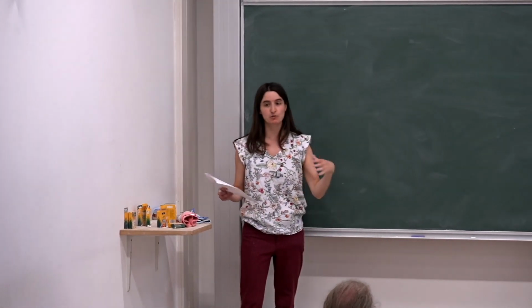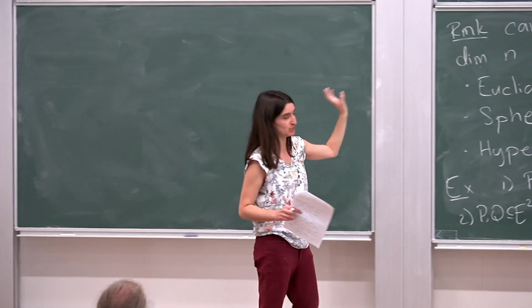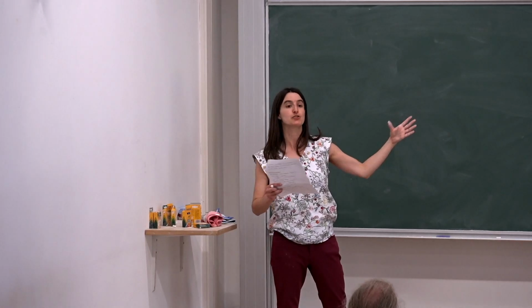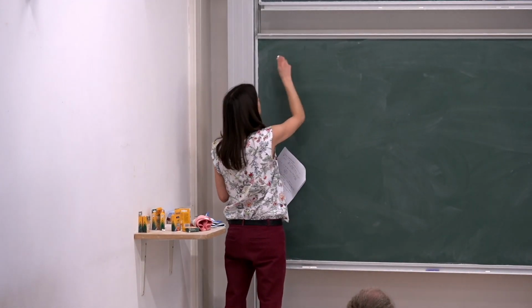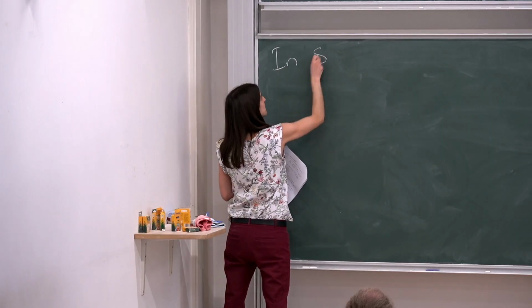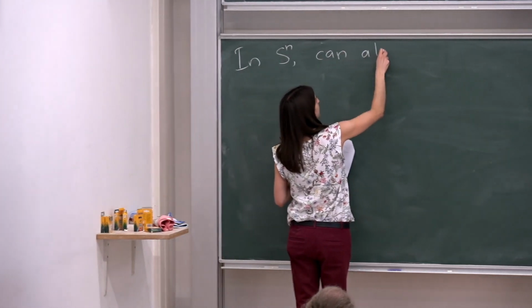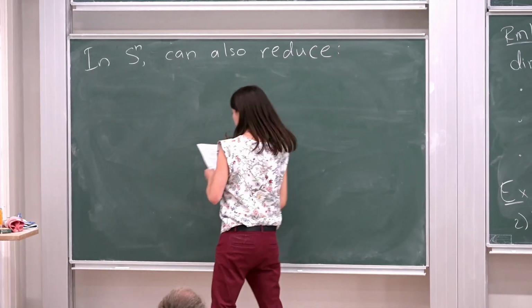And one variation which will be really important for us is something that is special to spherical geometry, where you can also take a reduced version of this. So in spherical geometry, you can also reduce.